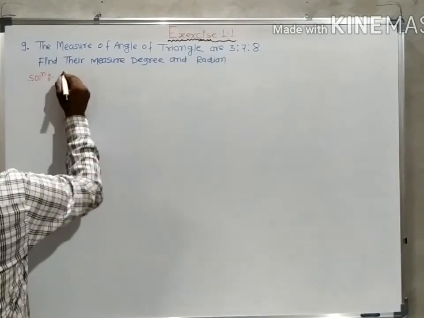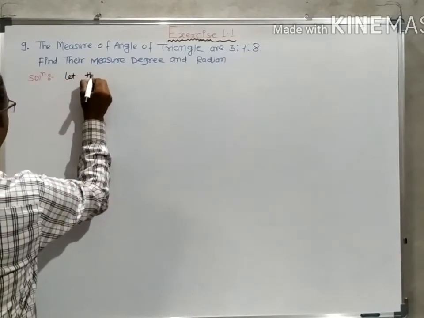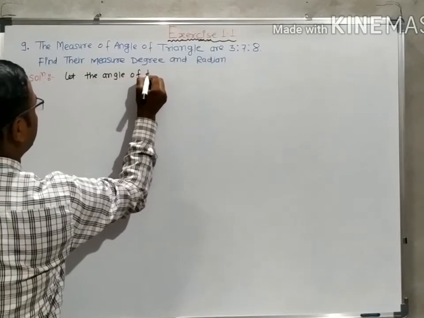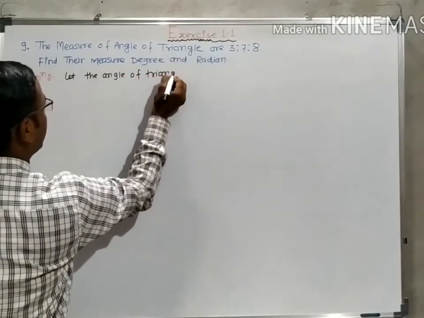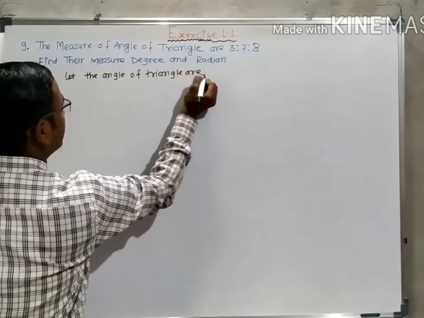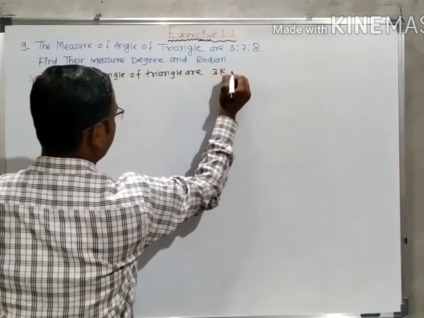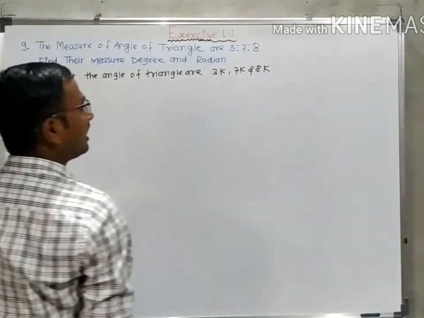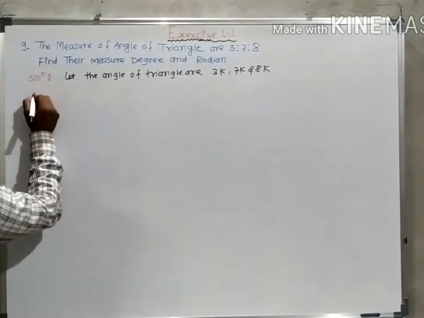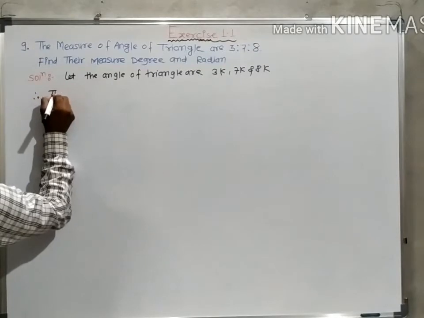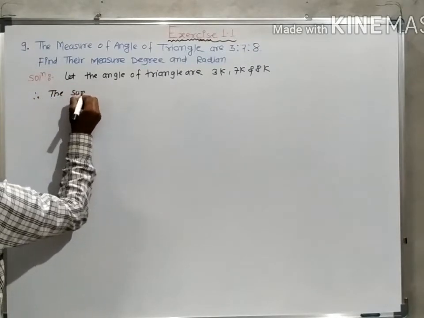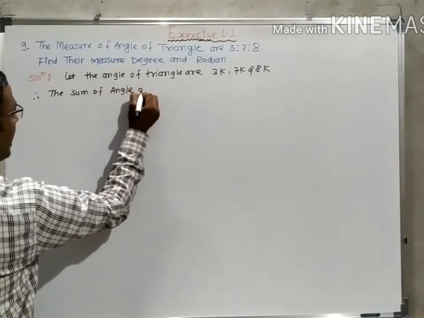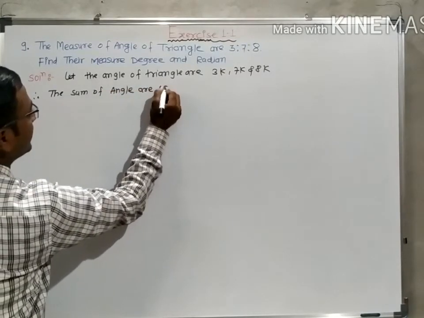Let the angles of the triangle be 3k, 7k and 8k. Therefore the sum of angles of a triangle is 180 degree.